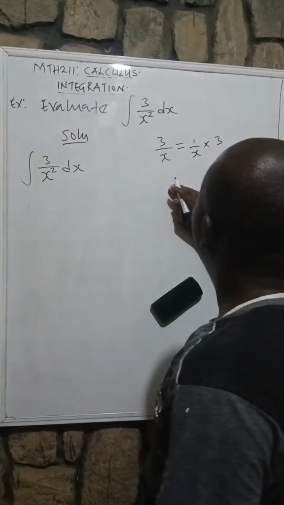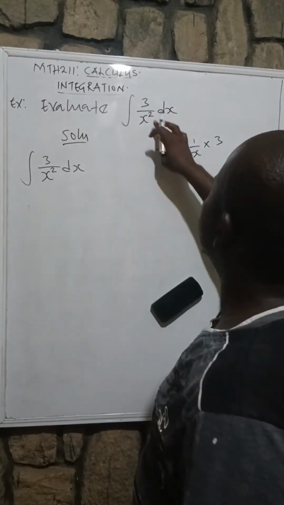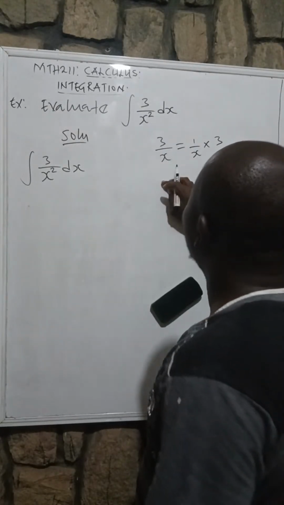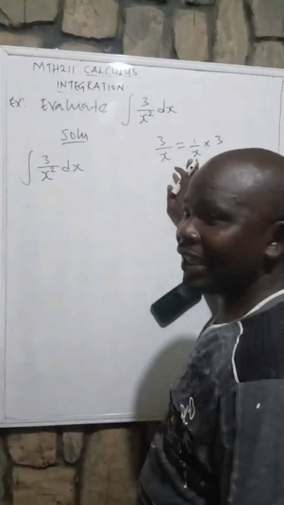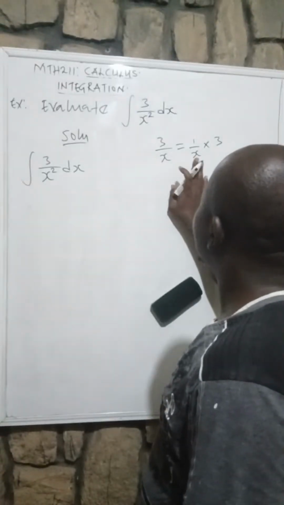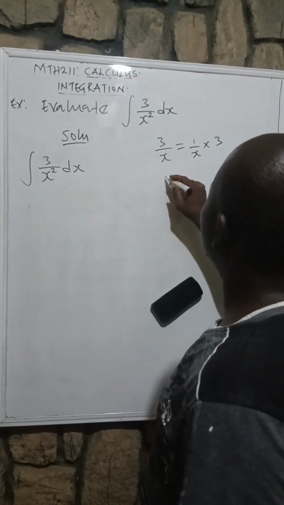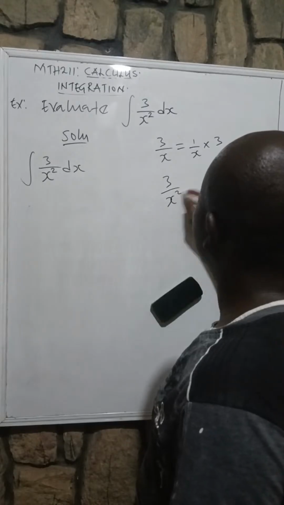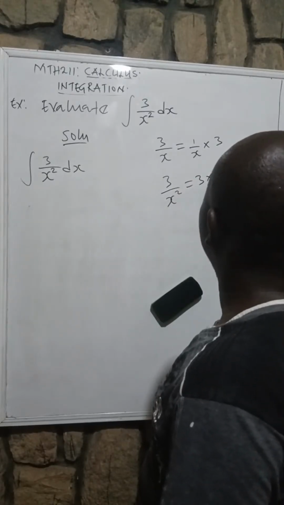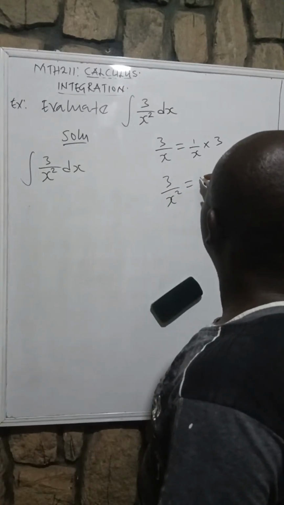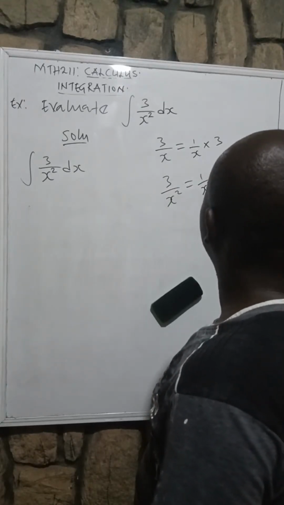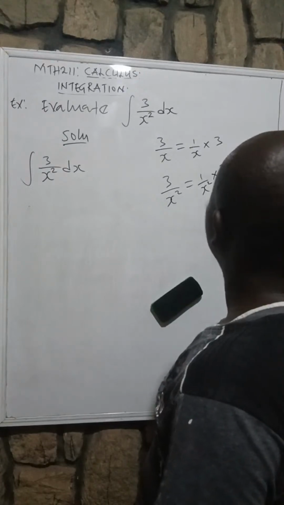Then, for the fact that the power is 2, we cannot just integrate it like that to give us ln x squared. No, it won't work. So it means when we have 3 all over x squared, this is equal to 3 times 1 all over x squared.